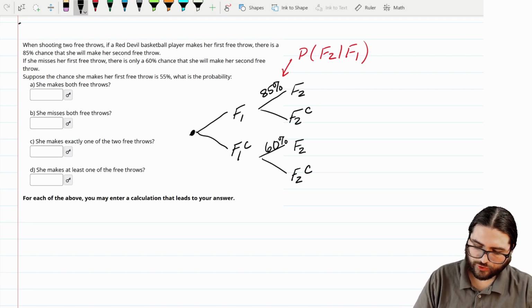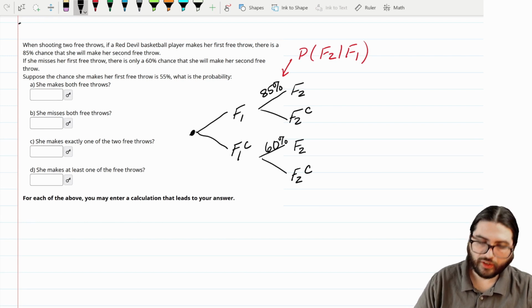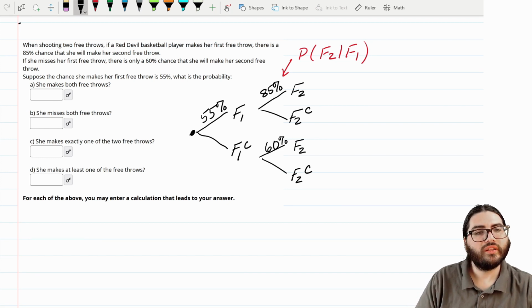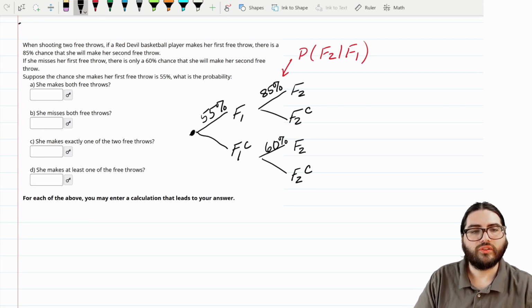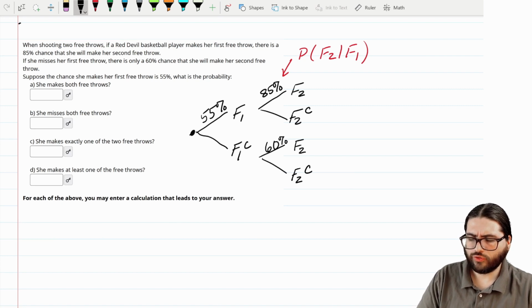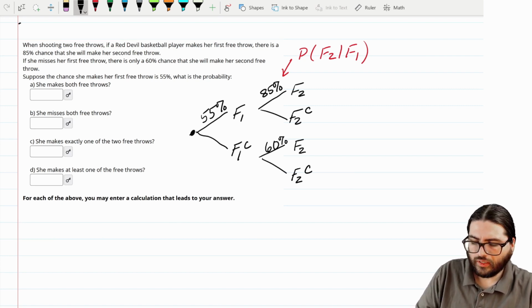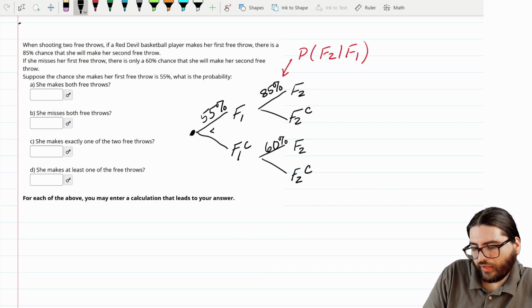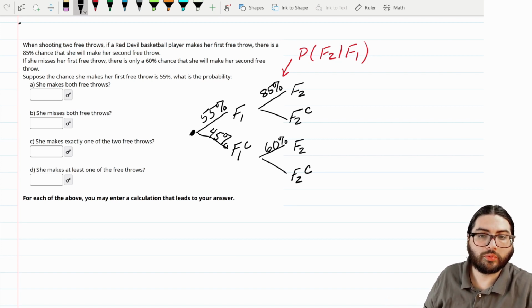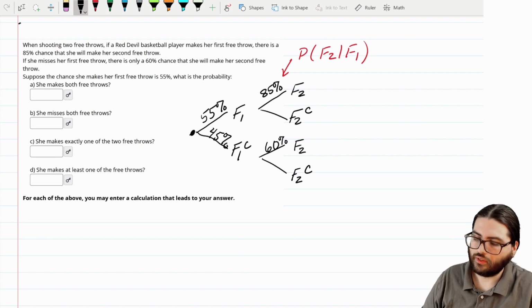Suppose that the chance she makes her first free throw is 55%. Oh, okay, so it does give us this information. What is the probability that, and then we've laid out several possible answers here. Let me fill out my tree first before I continue. Well, if she makes the first free throw 55%, that must mean that there's a 45% chance that she doesn't make the first free throw. 45 over 100, but since we've already started with percentages, let's keep going with percentages.